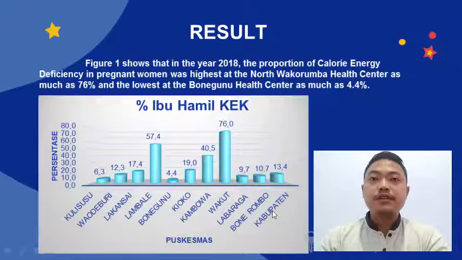Results. Figure 1 shows that in 2018, the proportion of chronic energy deficiency in pregnant women was highest at the North Wakorumba Health Center at 76% and lowest at the Bonegunu Health Center at 4.4%.